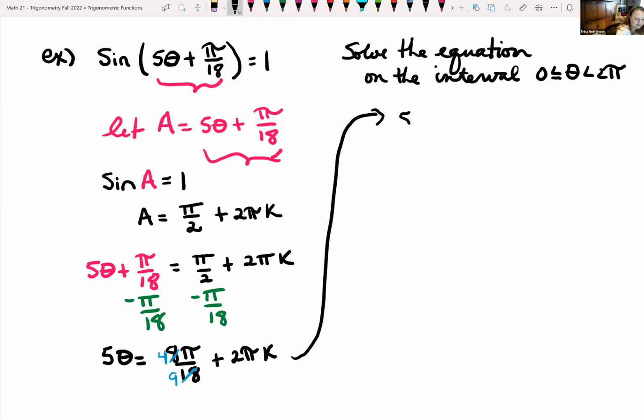So right now we have 5 theta equals 4 pi ninths plus 2 pi k. So let's multiply both sides by 1/5 to get theta by itself.